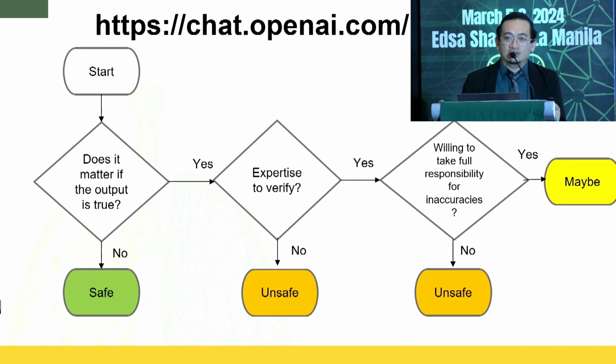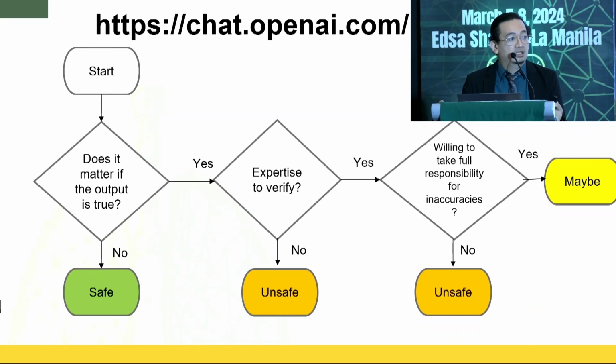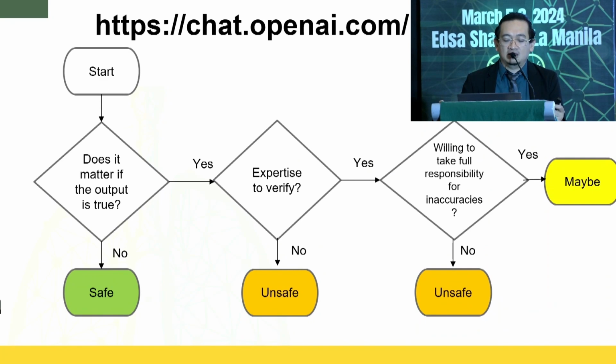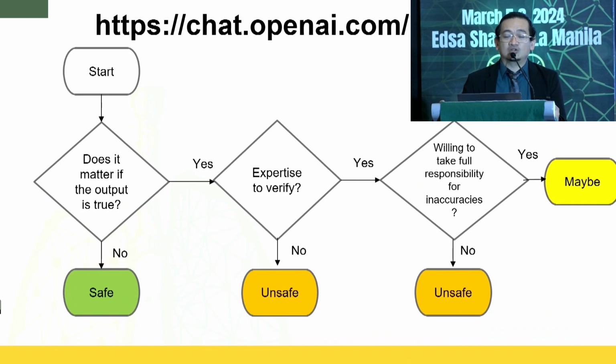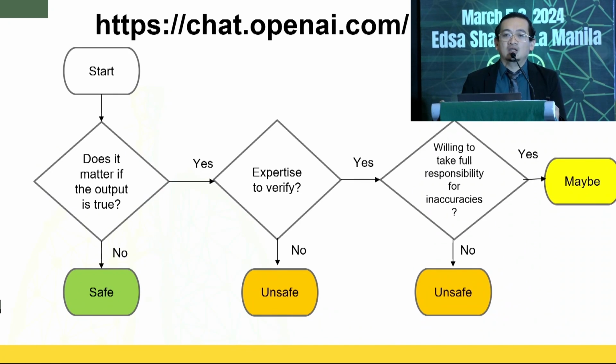But if in the first question it doesn't matter if the answer is true, maybe something creative, you're asking it to write a poem, a song or something creative, then if truth doesn't matter, it's safe to use. But if you're using it for other purposes and you're not an expert on it and you have no ability to verify the truthfulness of ChatGPT, again, it's unsafe, because ChatGPT would embellish data.